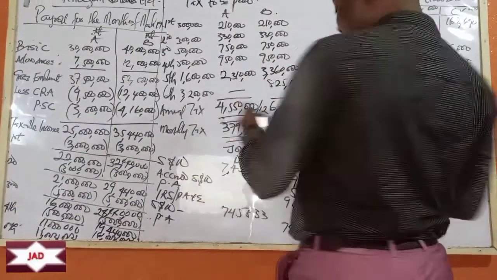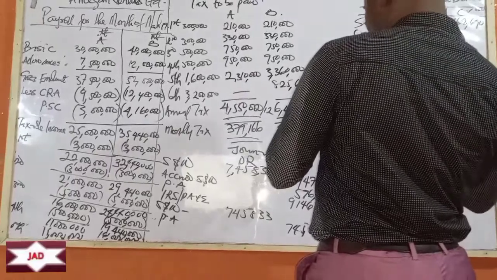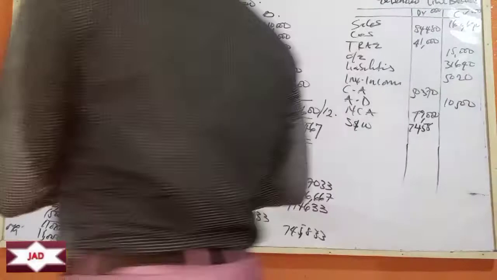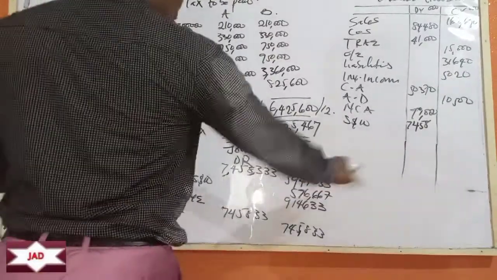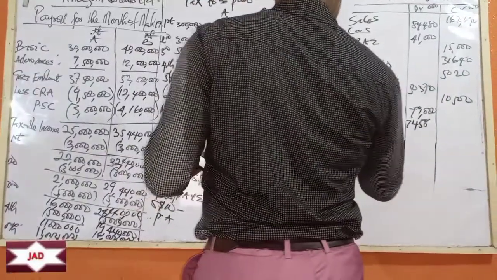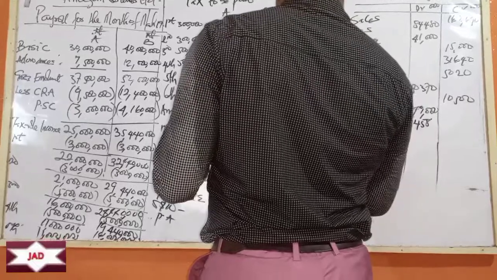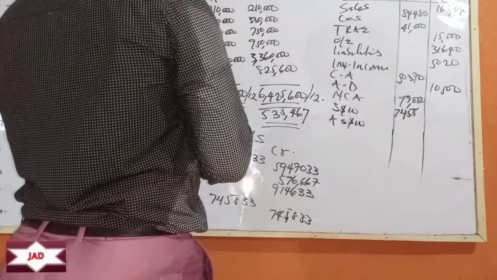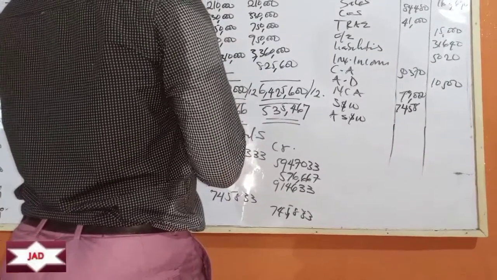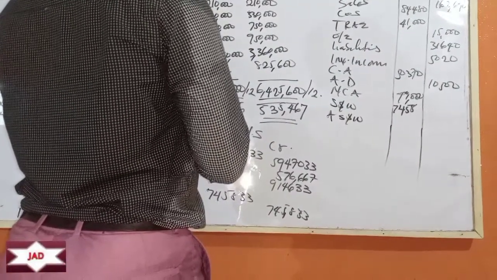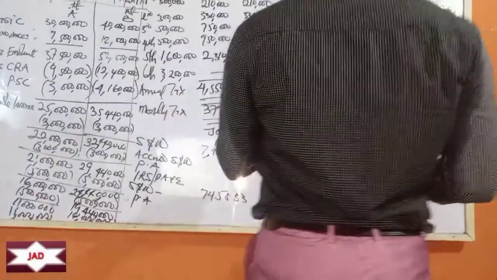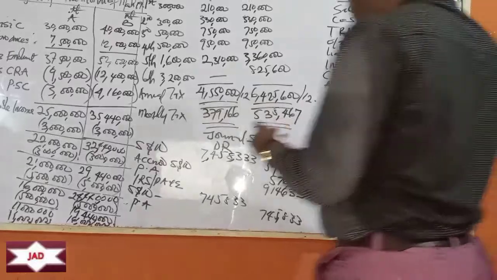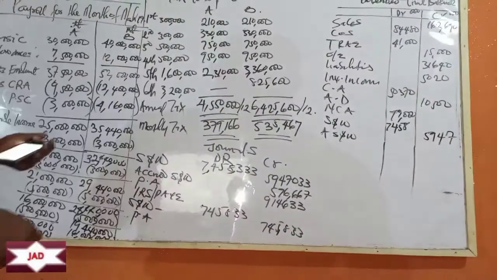Salaries and wages is an expense, so we have 7,458 approximately. And we have the accrued salaries and wages, 5,947,033, that's 5,947. Okay.